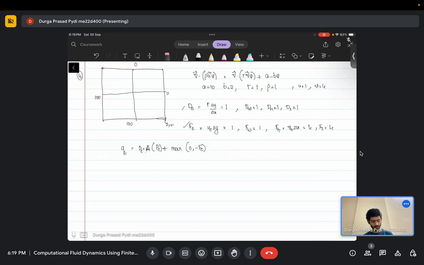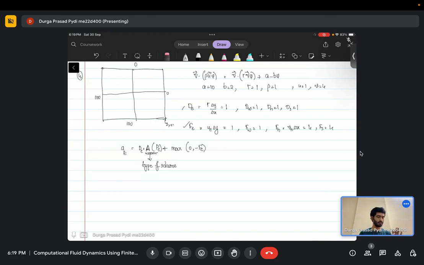This capital A is a function that is chosen depending on the type of scheme. As we discussed previously, the type of scheme you choose depends on the cell Peclet number. If your Peclet number is too high, then you might be better off using the upwind scheme. If your Peclet number is too low, then diffusion is dominant, and you have to choose a central differencing scheme. If your Peclet number is somewhere in between, you have to use some kind of interpolation between these two.